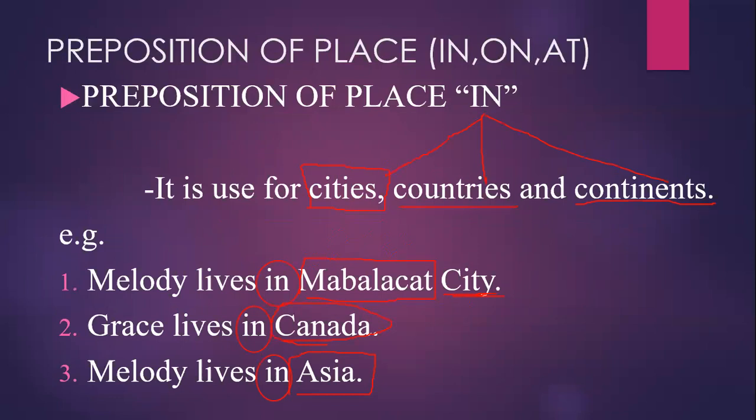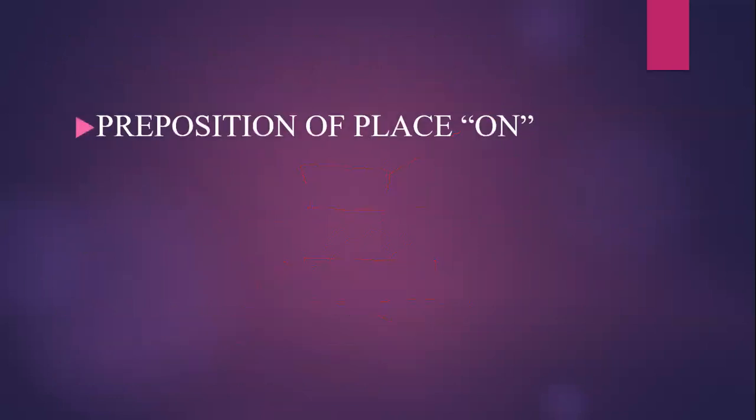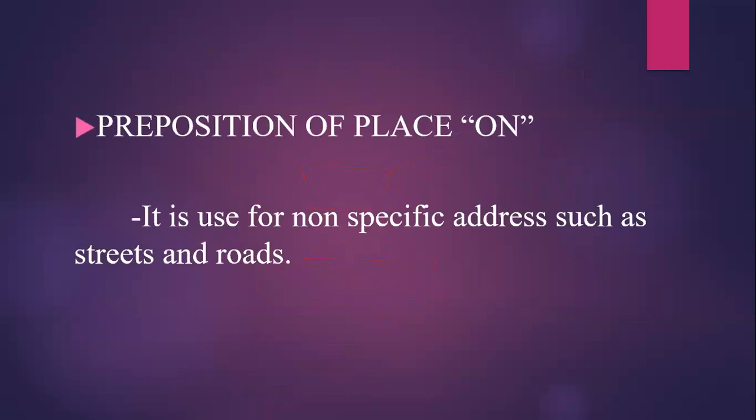Next, we move on to the preposition of place on. Preposition of place on is used for non-specific address, meaning you do not have an exact or complete address mentioned in the sentence. Therefore, you will use the preposition of place on. Here we are just talking about the streets and the roads.